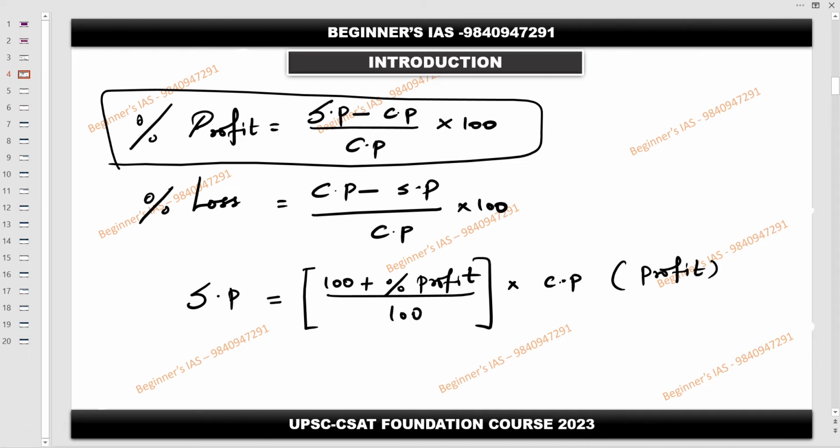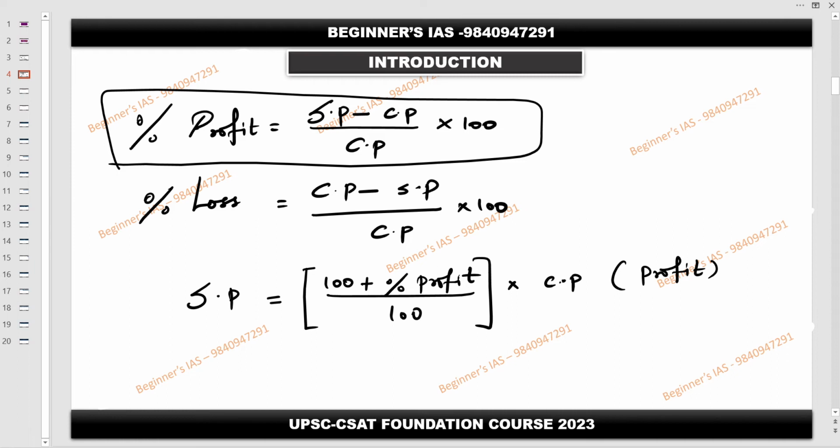With this you can calculate SP or CP, whichever is unknown. They will give you many other forms, like CP equals 100 by (100 plus profit) into SP, but that is not required. One is enough to calculate the other. Don't confuse yourself with many formulas; stick with the simple formula, substitute the values and find the unknowns.